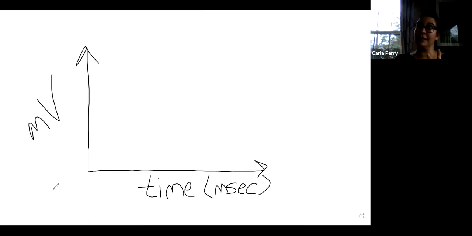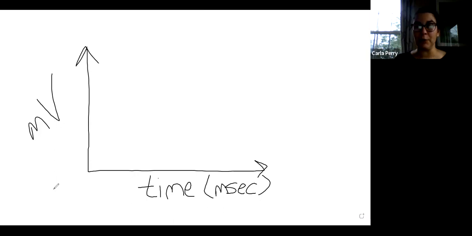What we're graphing, so this is something I also want you to write down in your notebook. What we're graphing is what's happening inside a neuron during an action potential. So we're graphing what's going on inside that neuron. First thing we're going to graph, first number we're going to put up on this graph is resting potential.